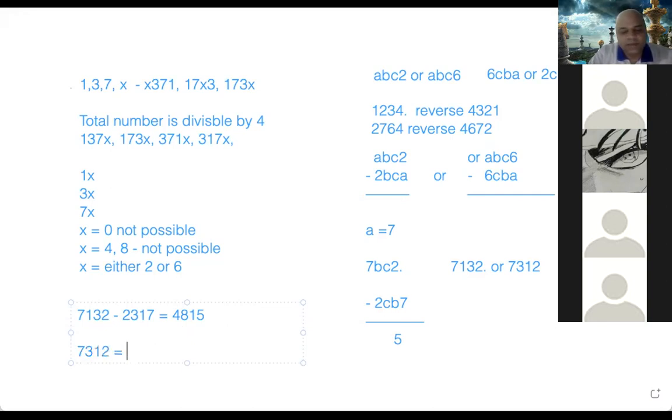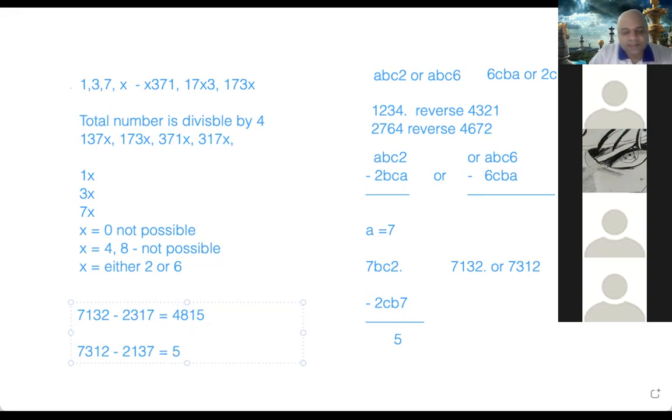If the car number is 7312, then minus 2137, the reverse of that number. So 12 minus 7 is 5. 1 minus 1 is 0. 0 minus 3 is not possible, so you carry forward 1.